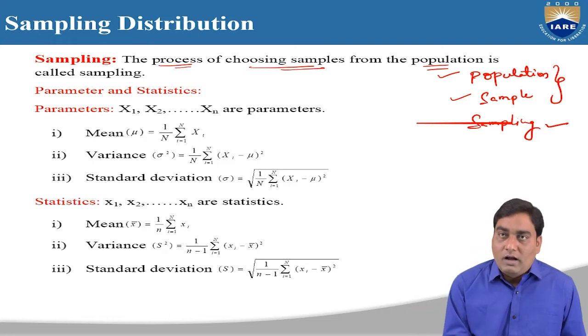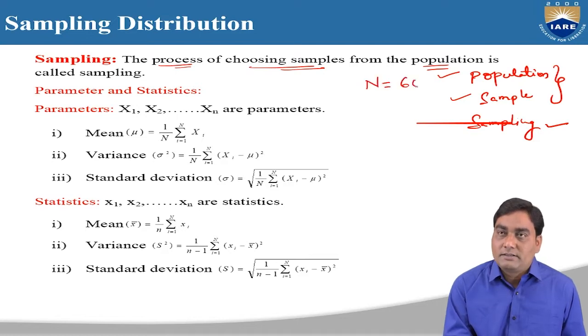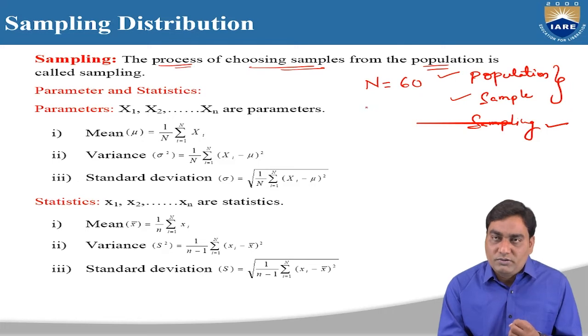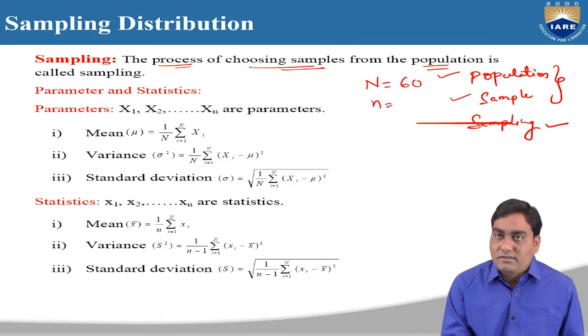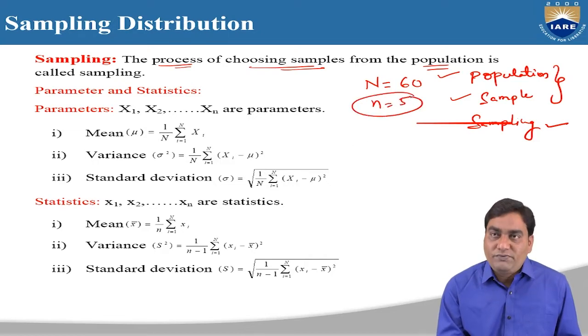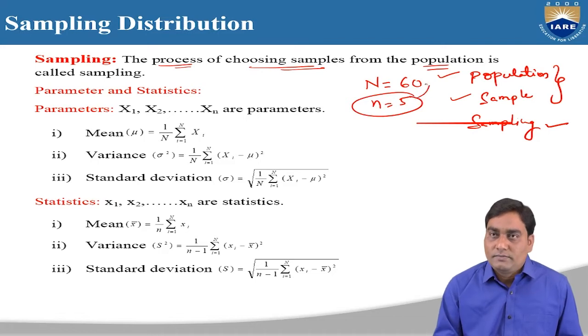Suppose, I'll take one example. Population size, the class strength, is 60 members, and I want to choose one sample with the size 5. How to choose these 5 students from 60 students?